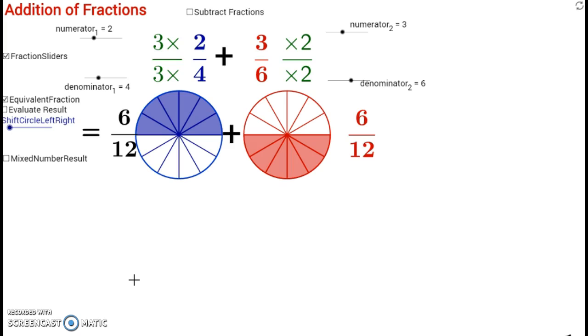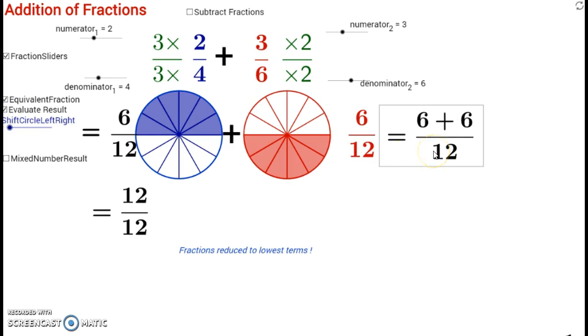Wow! When we solve this problem, the numerator and the denominator match. 6 plus 6 gives us 12, and our denominator is also 12. Now, this problem gets a little tricky when we reduce it to lowest terms. What is a number that both 12 and 12 are divisible by?